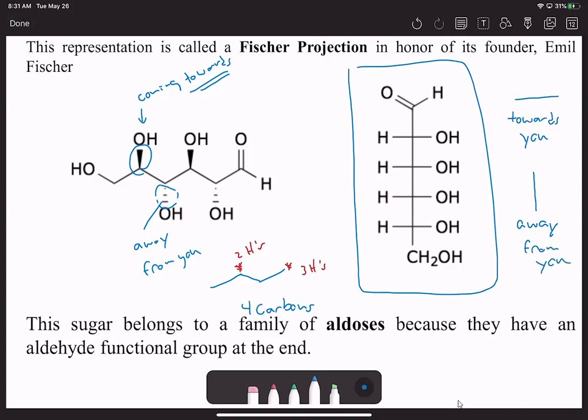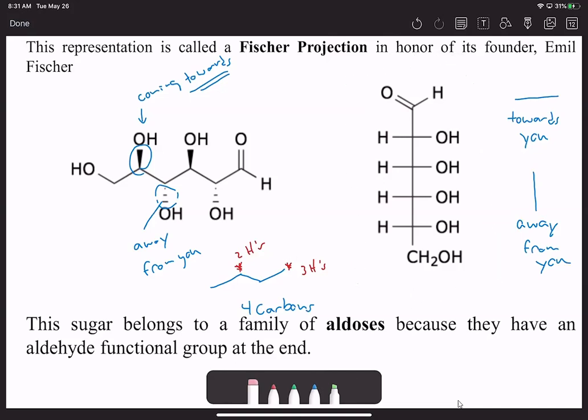So here, if I want to know which elements are coming towards me, well, it's any element that's on a horizontal line. So here, hydroxy, hydrogen, hydrogen, hydrogen, hydrogen. All of these are going to be pointing towards you in the structure.